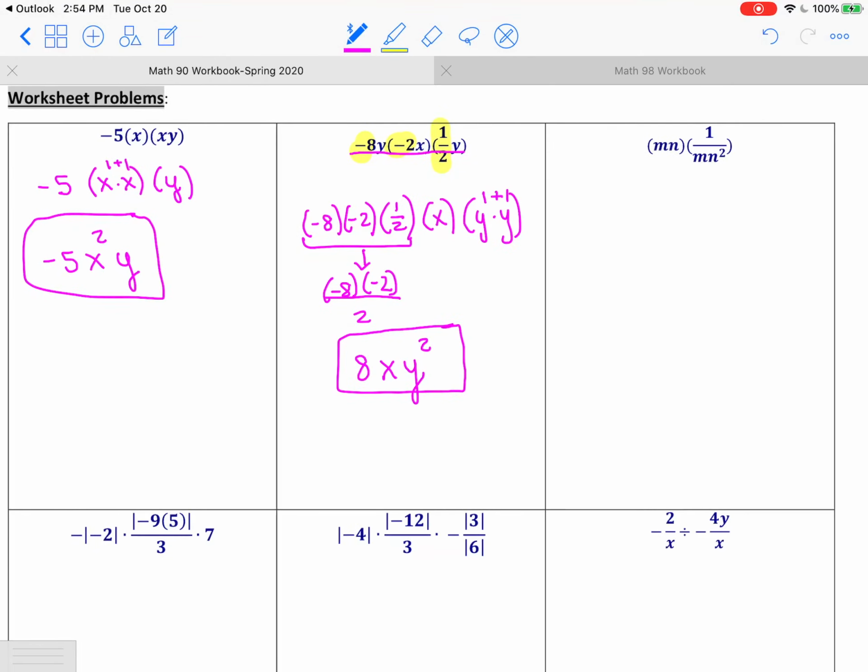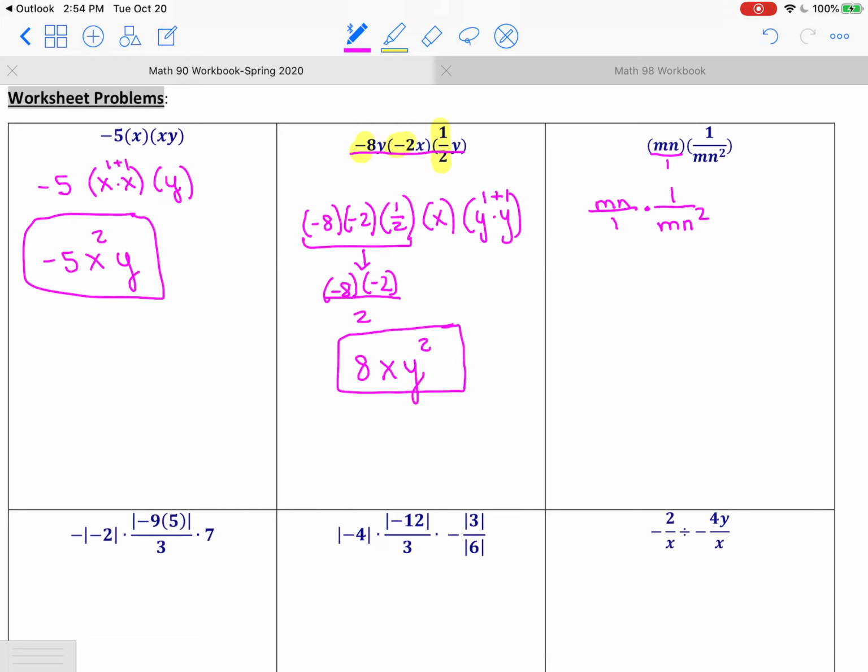All right, let's look at the third example here. Now this is an mn multiplied by a fraction, 1/mn squared. So this is kind of interesting. I think since that second factor is a fraction, let's make the first factor a fraction. So this is the same as mn over 1 times 1/mn squared.